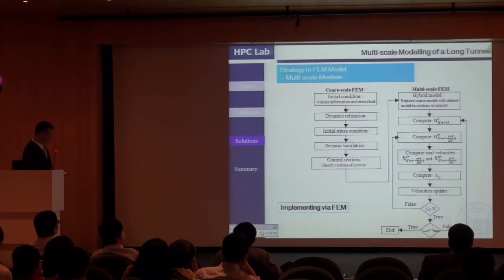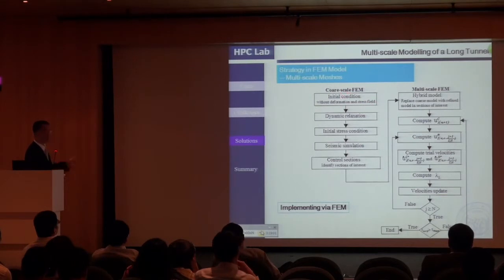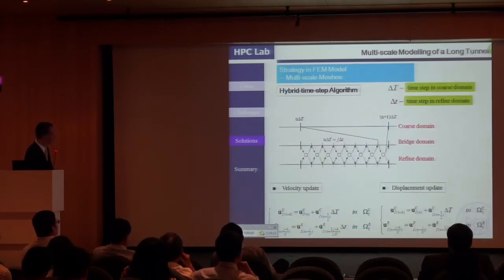So with this method, we can use the traditional finite element model to simulate the coarse behavior and go to the multi-scale fundamental to the hybrid model and get the final results.